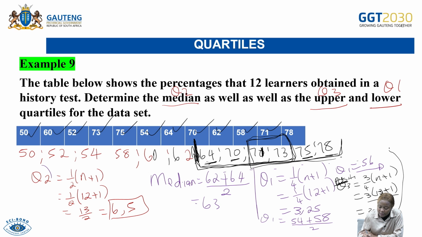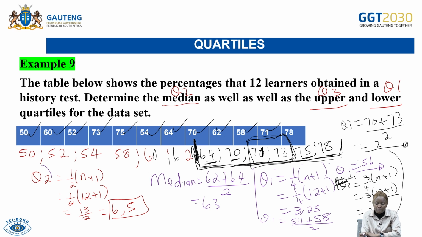So how do you write that? You'll say your Q3 is equal to 70 plus 73. You divide by 2, and if you say 70 plus 73, you will get 143, and if you divide that by 2, you get your answer, right? And then you get your full marks. You don't have to do this though. You can just use your formula of finding the position. You go to your data set, you count your data set. When you go to position 9,75, then that's where you are going to get your Q3.